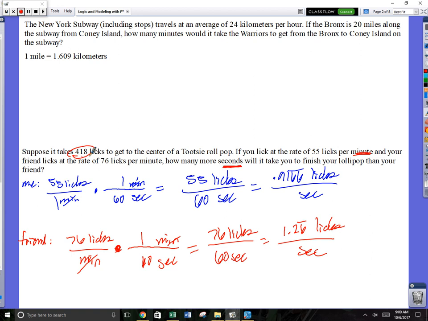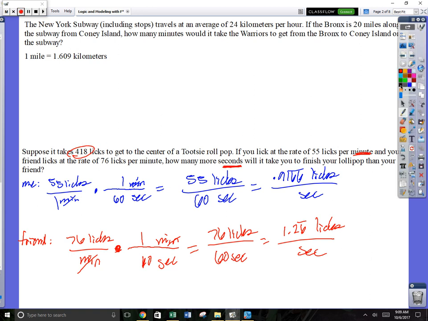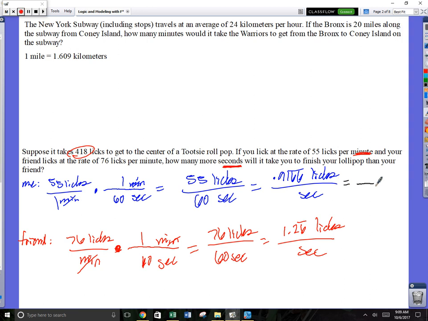Okay, now it's going to take 418 licks to get to the center of the Tootsie Pop. So here we go. Now we're going to use a proportion. I know that it's going to require me 418 licks. The question is, what will the time be? So I've got my rate right here.